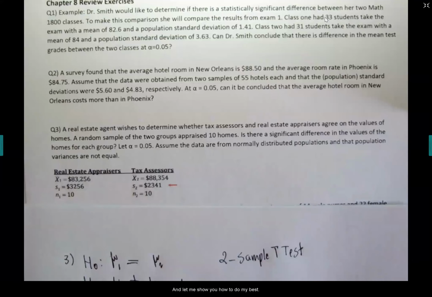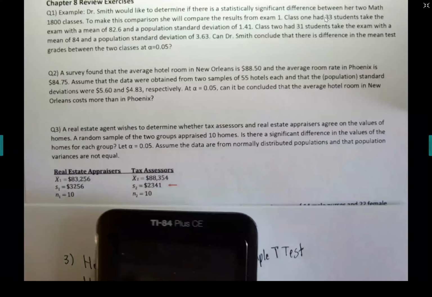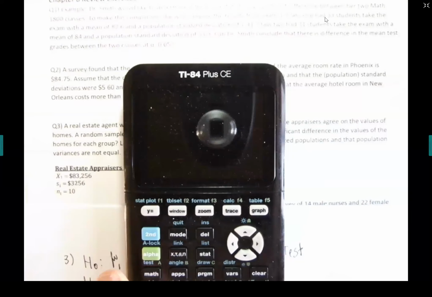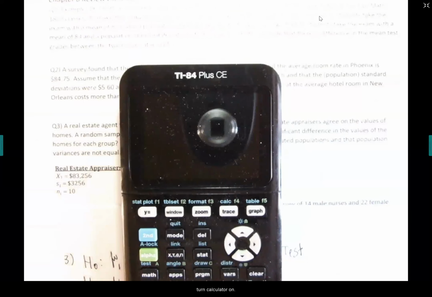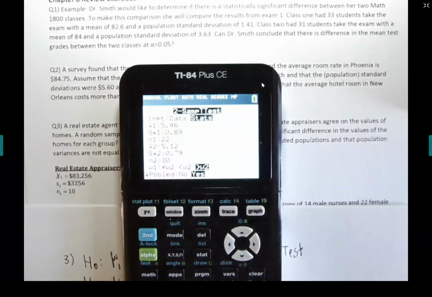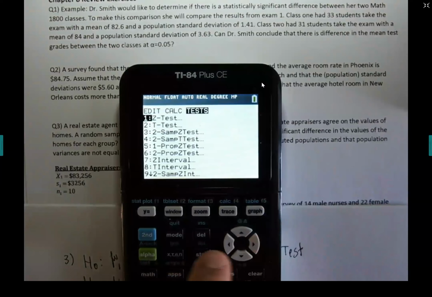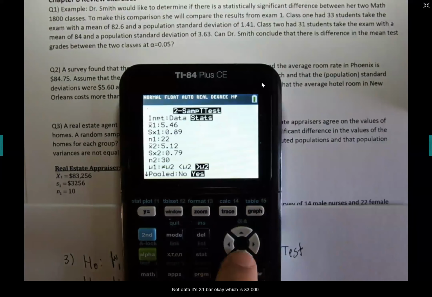And let me show you how to do this. Okay, we'll turn the calculator on. And I am in 2-sample. Let me just show you how to go to t-tests. 2-sample t-test. Not data, it's X1 bar, which is 83,256.